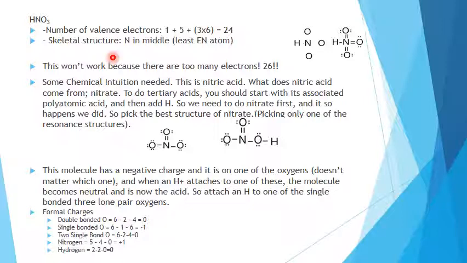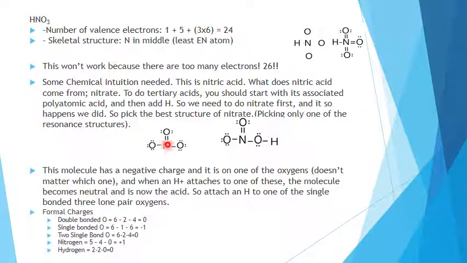And then you put an H on. If it has a 1 minus charge, you'll put 1 H on. If it has a 2 minus charge, like on the very first one, sulfuric acid, you would put 2 H's on.